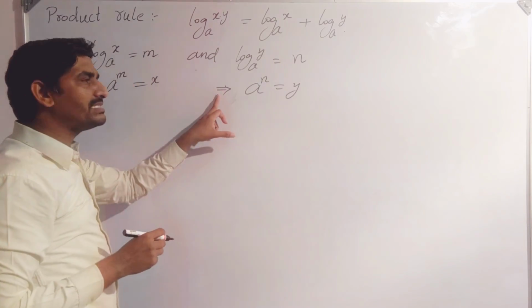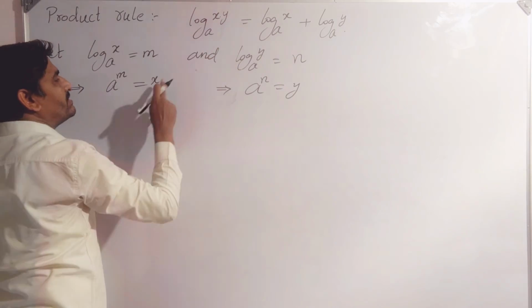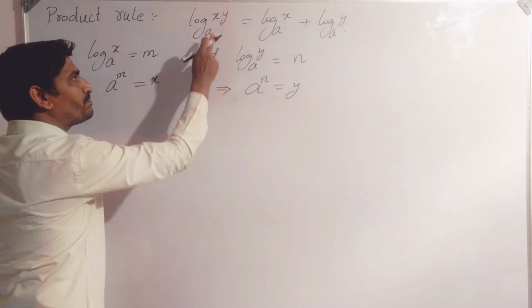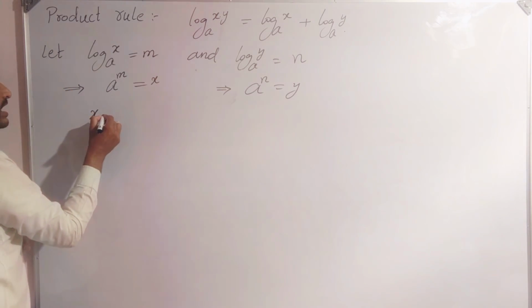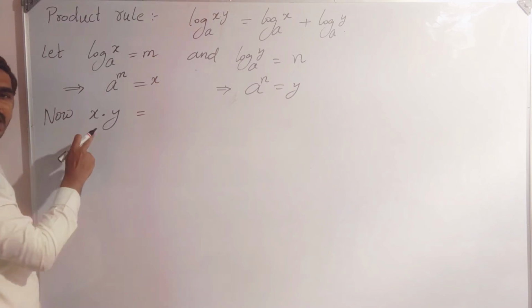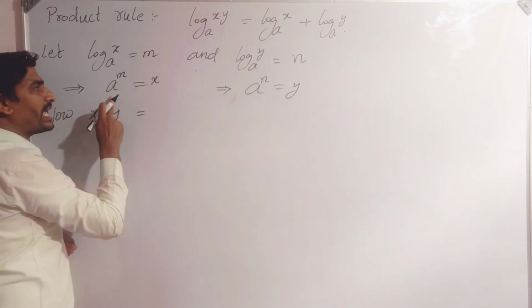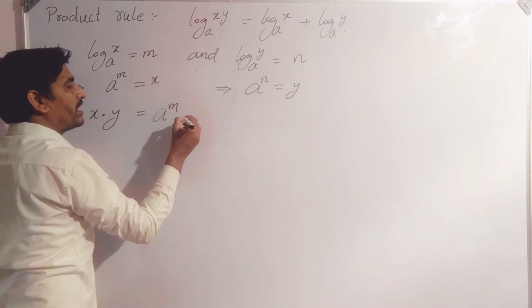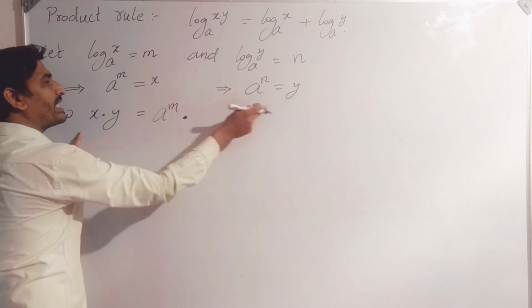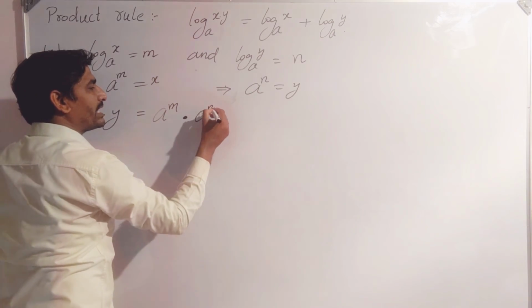Now the product is required. This is x, this is y. The product of the two numbers, x into y. What is x? A power m. And y is a power n.